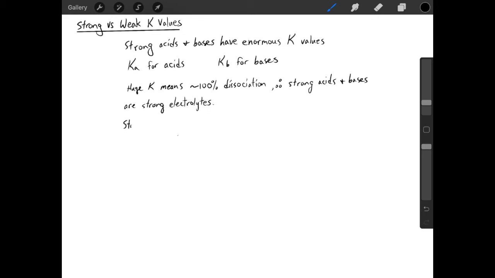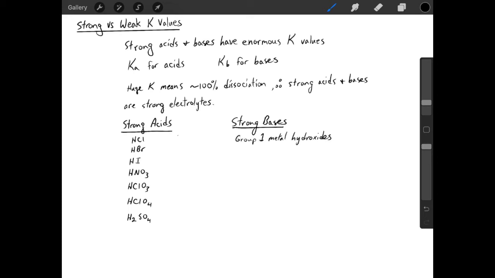While I typically don't like for people to blindly memorize things, it's really worth your effort to memorize the strong acids and strong bases simply because we'll be using them so frequently. So the strong acids are hydrochloric, hydrobromic, hydroiodic, nitric, chloric, perchloric, and sulfuric acid.